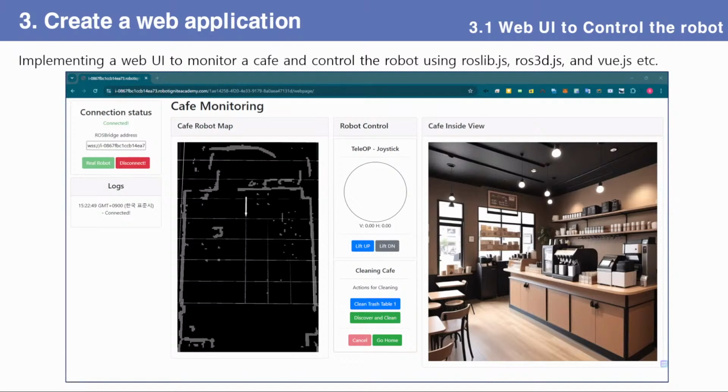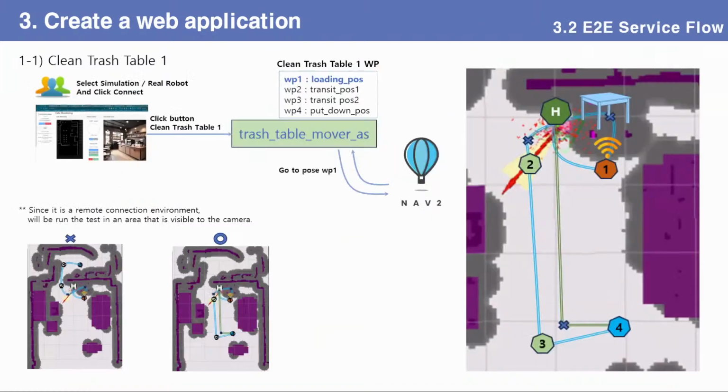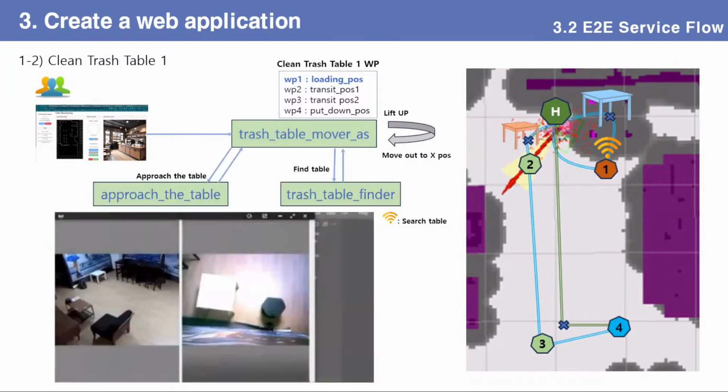I use Node.js and Vue.js and the Bridge WebSocket server, and also the TF2 web publisher. This is the detailed logic, the end-to-end service flow that you already saw in the demonstration, so I will skip here.